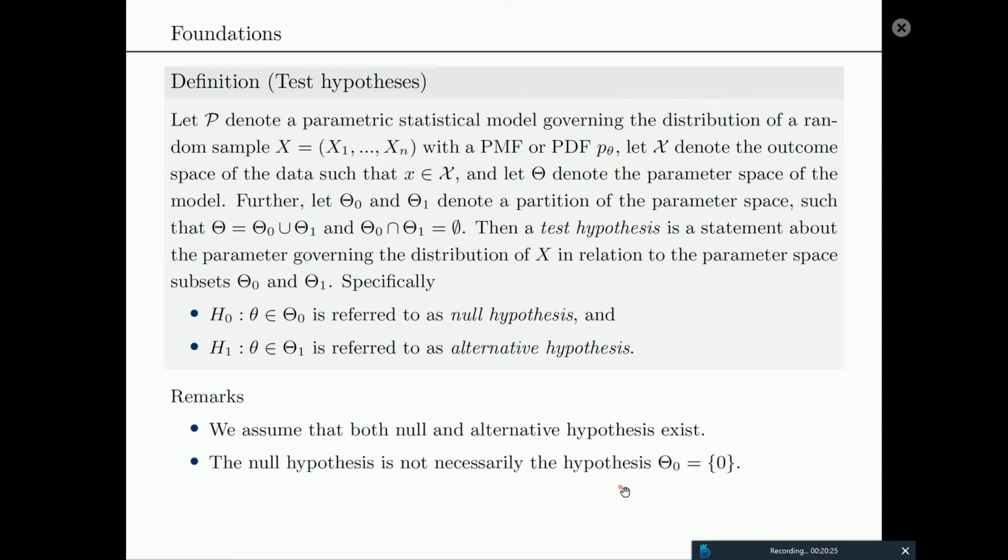The null model can also be centered on some other value, and the null hypothesis is just the hypothesis one is willing to reject, but that doesn't really matter. The important thing is you do a partition of the parameter space.